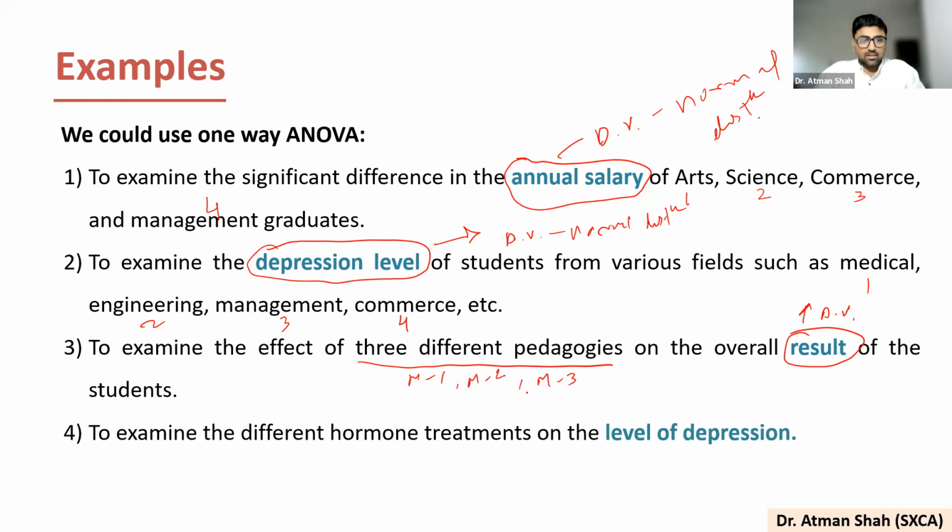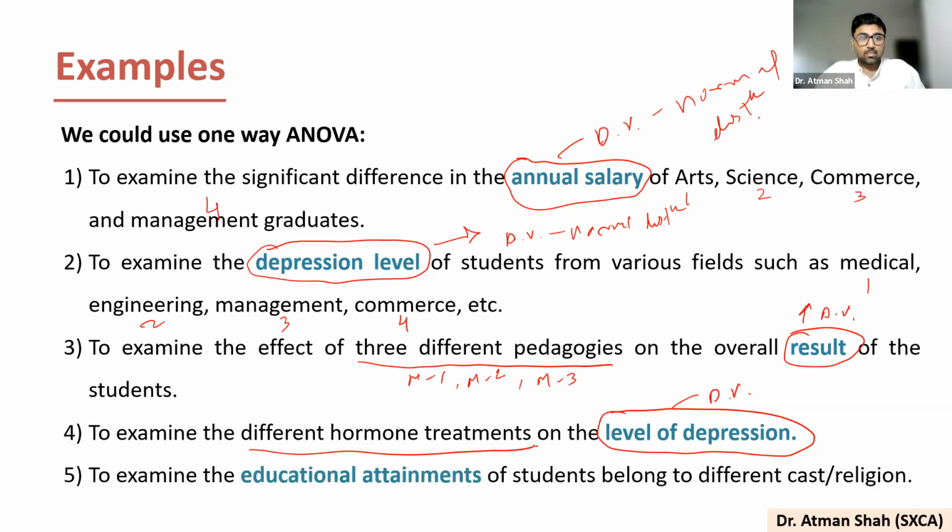Fourth, to examine the different hormone treatments on the level of depression. So again, level of depression is our dependent variable, and we have different hormone treatments. So you can have 3, 4, 5, 6 hormone treatments and check the significant difference at which hormone treatment is more effective in dealing with depression issue.